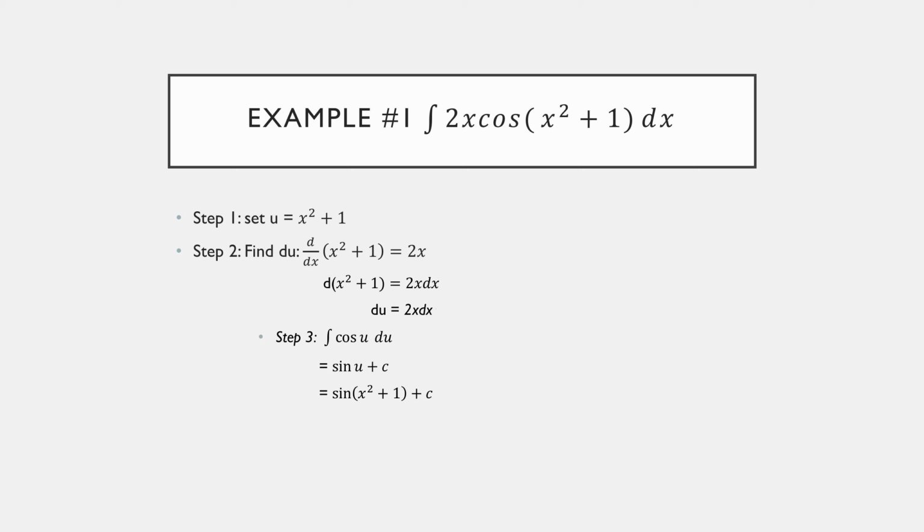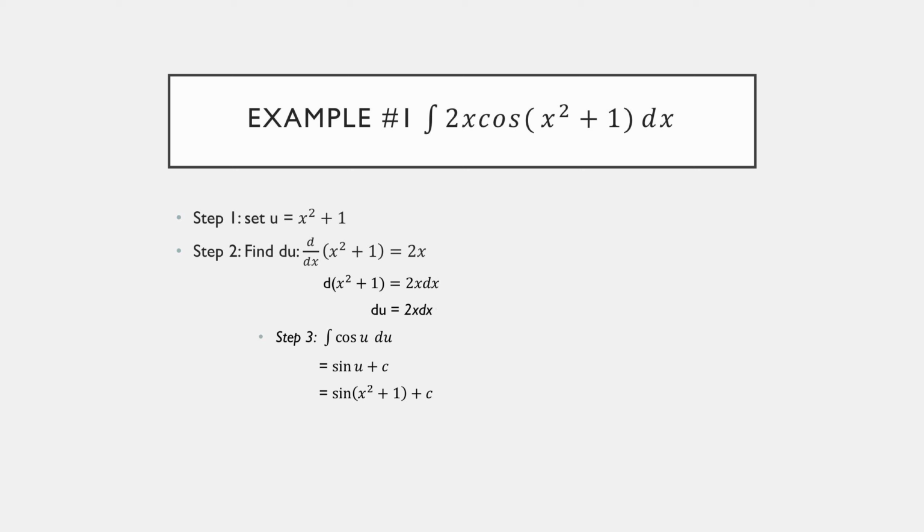And then step 3, we get the integral of cosine u du. And now that we have a differential du that agrees with the rest of the integrand, we are ready to integrate. And the integral of cosine u du is sine u plus c.